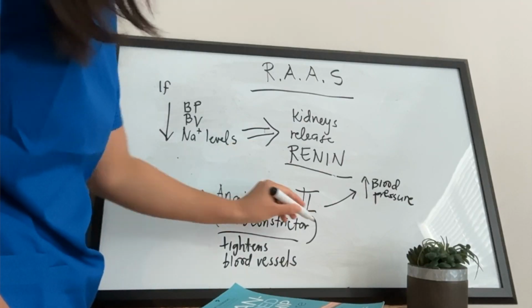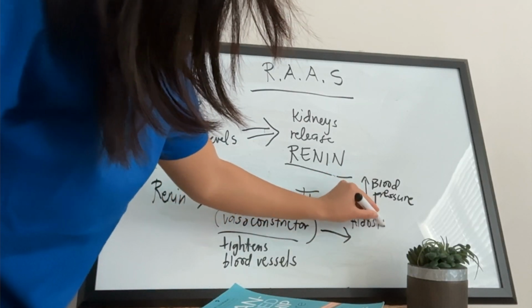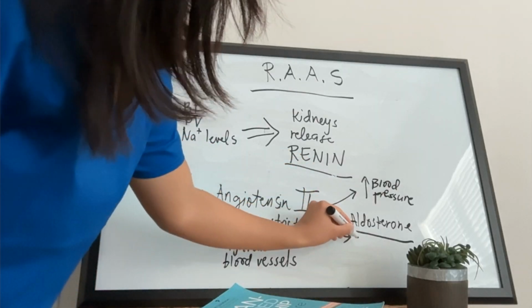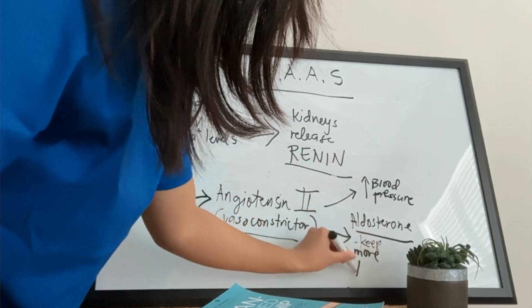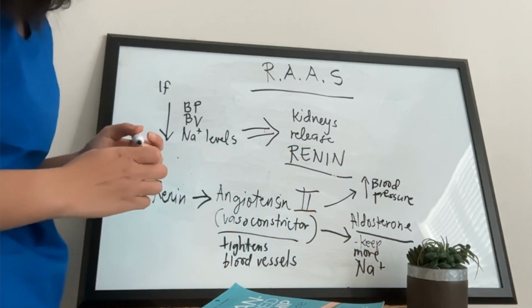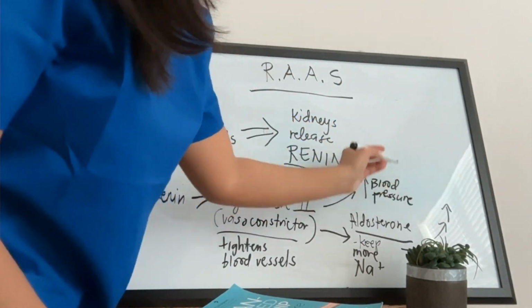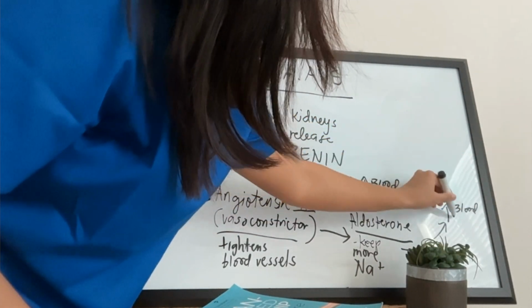Second, angiotensin II also triggers the release of aldosterone, which tells the kidney to reabsorb more sodium. Water follows that sodium back into the bloodstream, and then it increases blood volume even further.